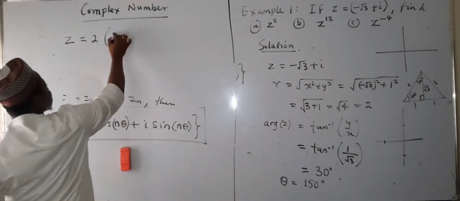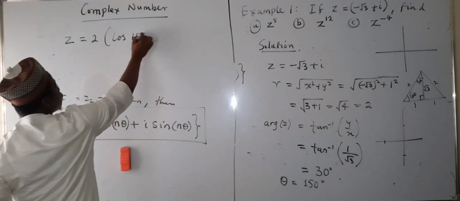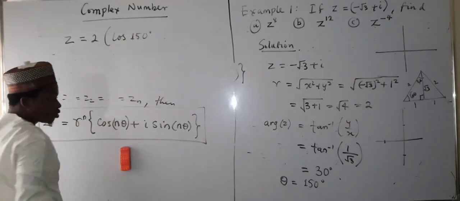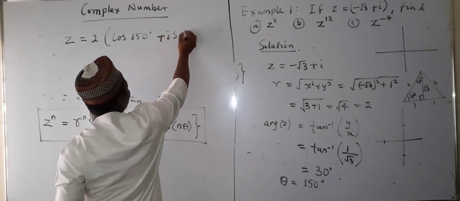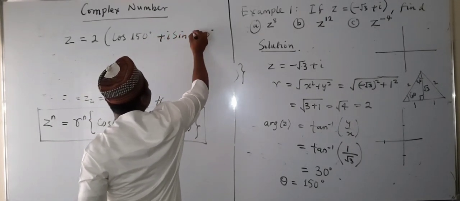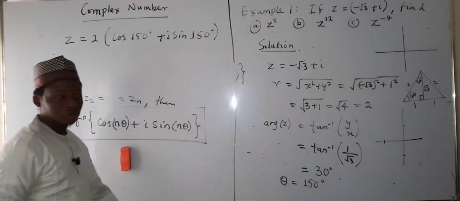Then open bracket cos 150 degrees plus i sin 150 degrees.